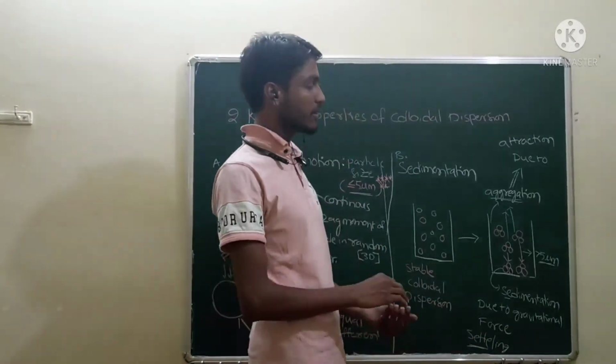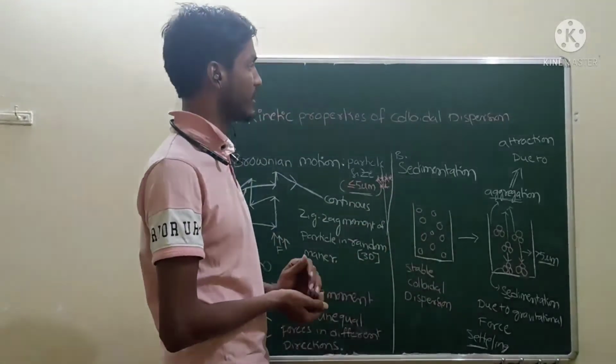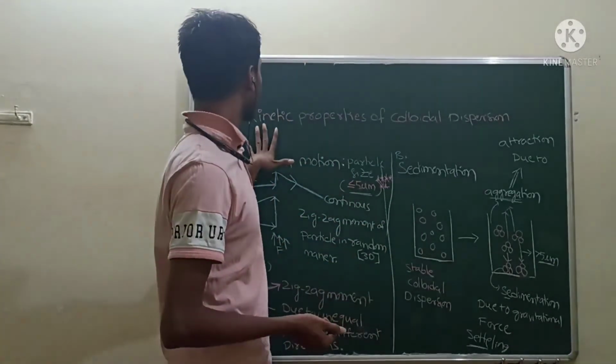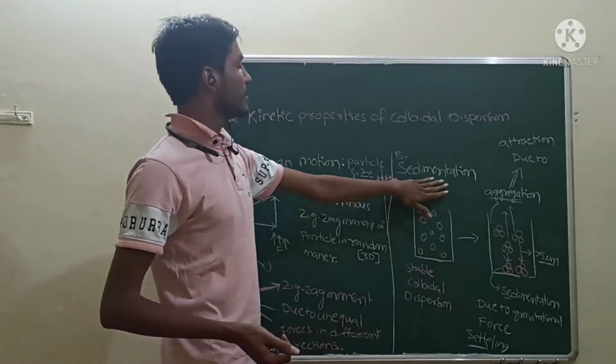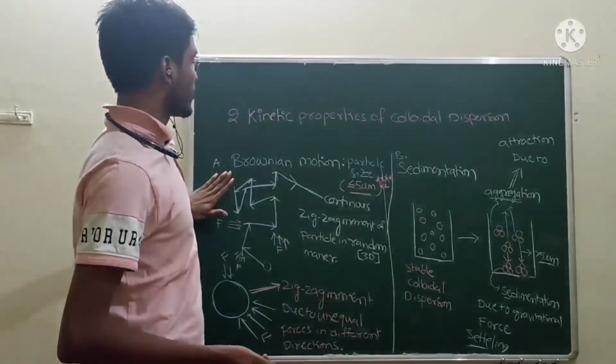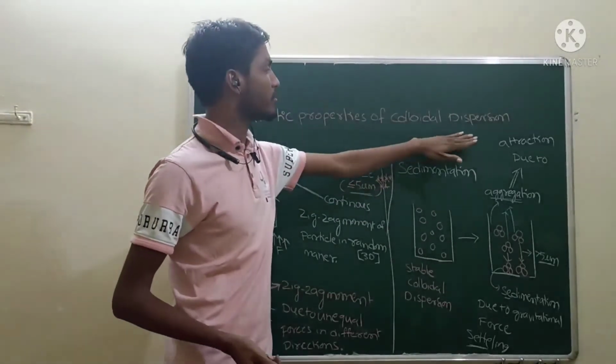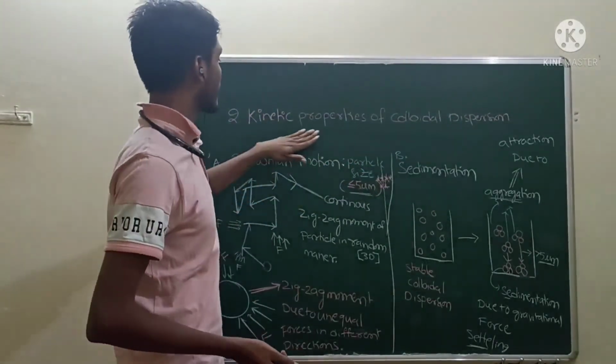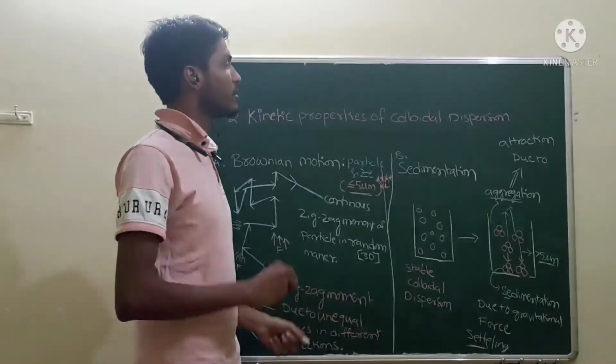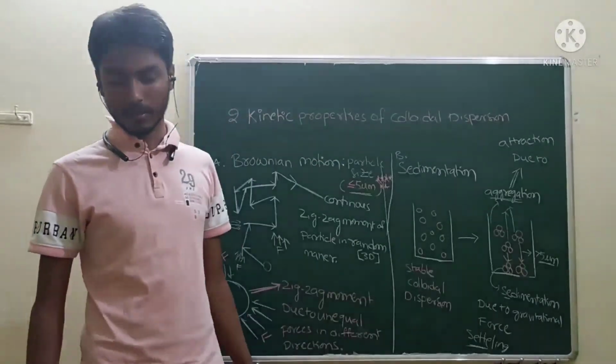This we can call sedimentation. Brownian motion and sedimentation are completed. This is about the properties. Kinetic properties means movement, the movement of colloidal dispersion. This is the concept about kinetic properties.